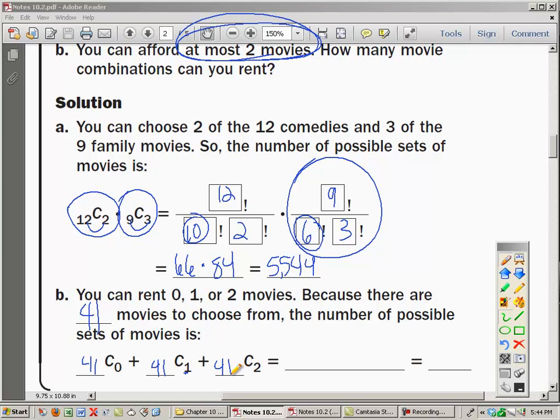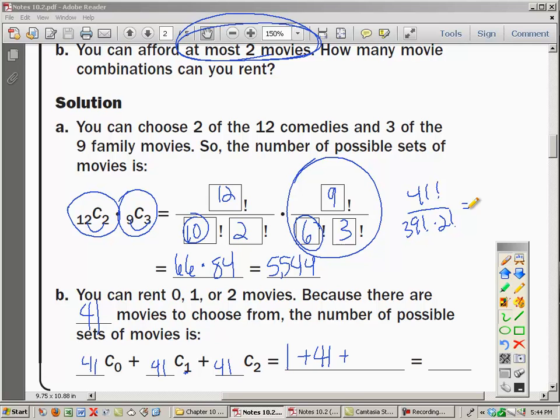So 41 choose 0, and I will just tell you that there's only one way to choose 0 movies. There are 41 ways to choose 1 movie, we can pick each of the 41. And then 41 choose 2, we can go through this: 41 factorial over 39 factorial times 2 factorial.